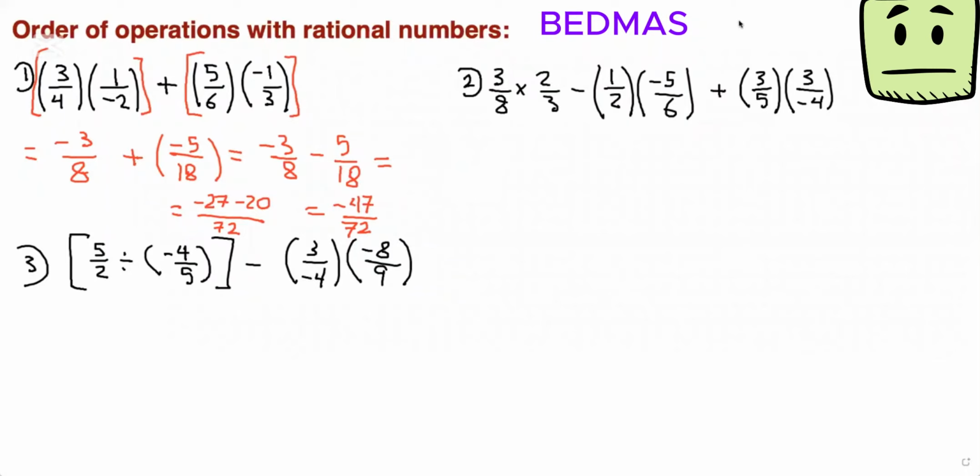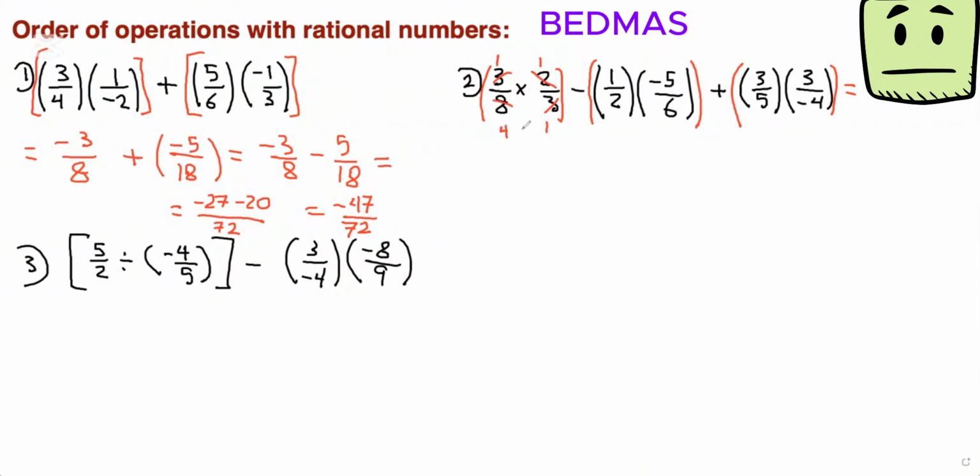I need the room for the next question. So here, it's multiplication again. So we have to do the multiplication first. So we have to do this, and then this, and then this, right here. So here, the 3 will cancel the 3, so you get ones. Here, the 2 goes into itself once, it goes into 8 4 times.